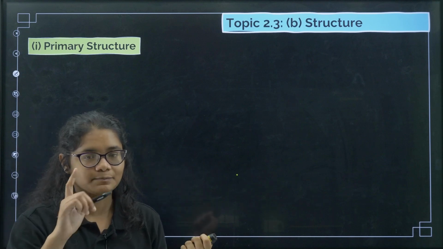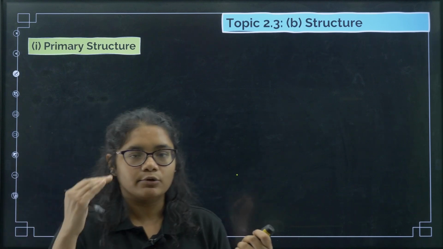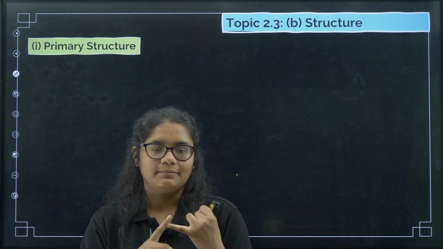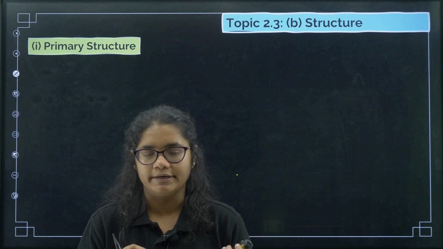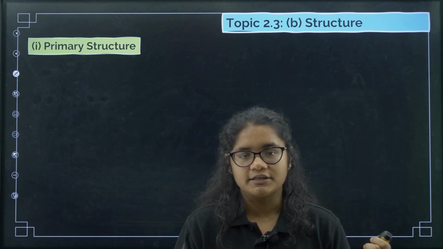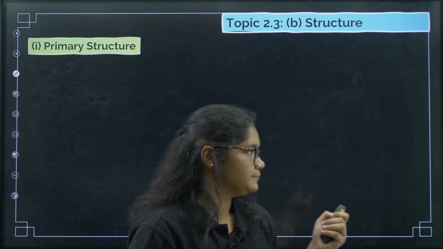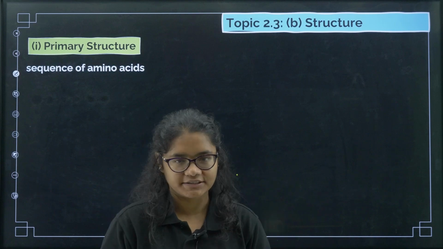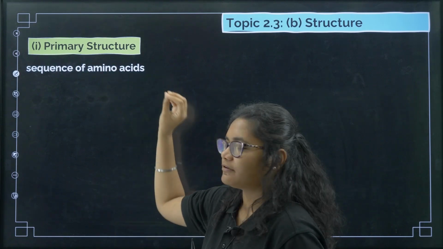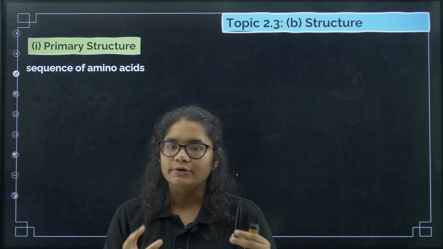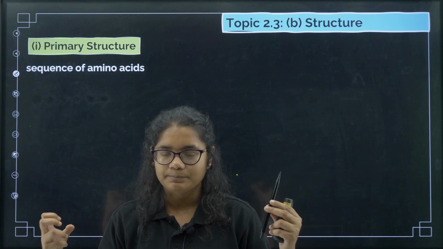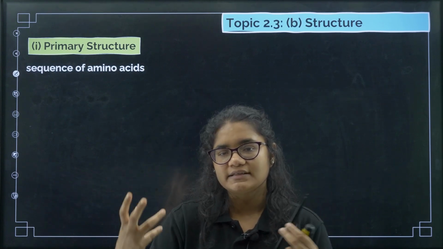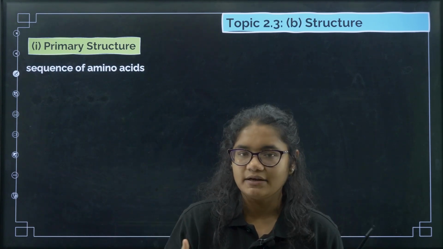The first one is primary structure. Like I told you, the levels are 4: primary, secondary, tertiary and quaternary. What does the primary structure of protein tell you? Primary structure is the sequence of amino acids. I told you there are 20 amino acids, and these can be arranged in many different ways.